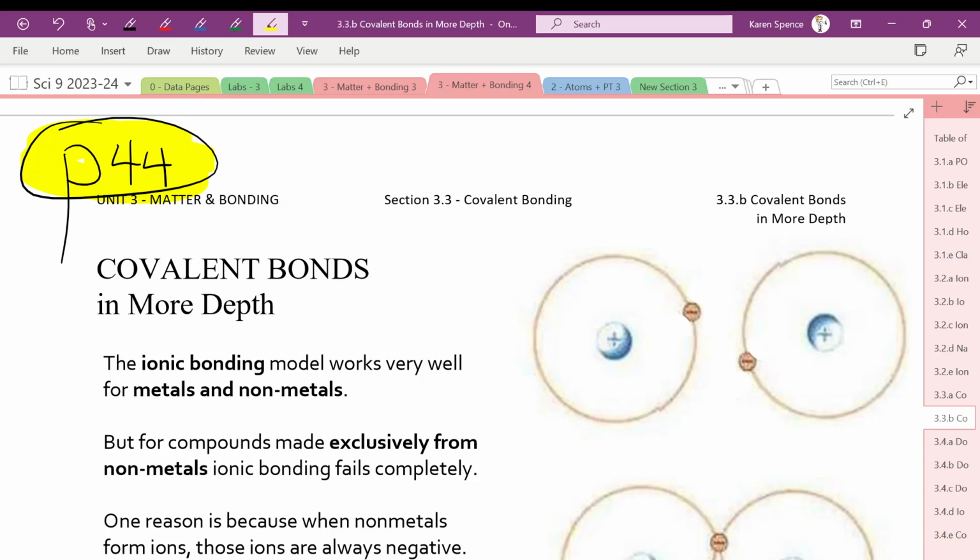He is. Okay, covalent bonds. Remind your partner what type of elements are involved in ionic bonds.